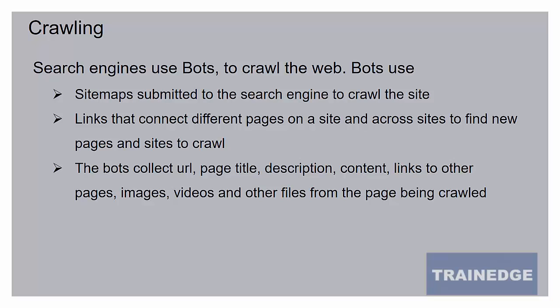The bots will collect the page URL, the meta description, the page titles, the content of the page, links pointing to other pages, image information, video information, and other files that are being linked to from that page.